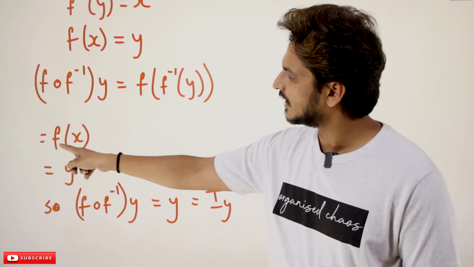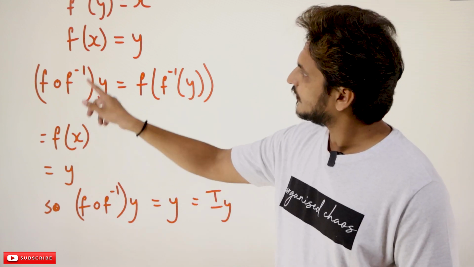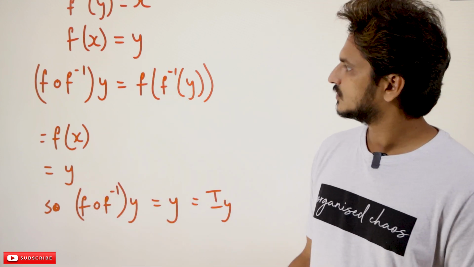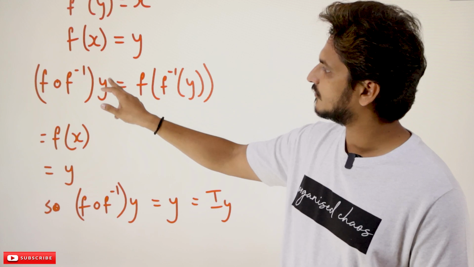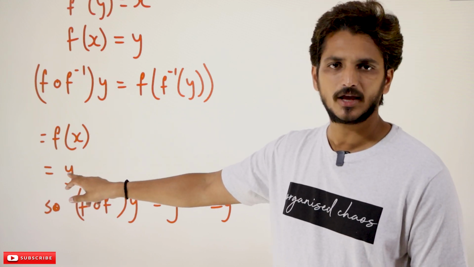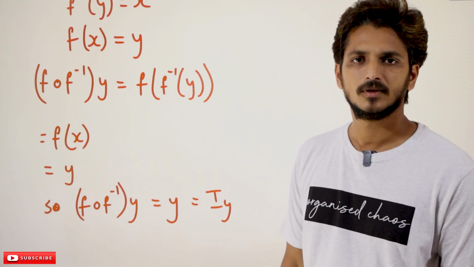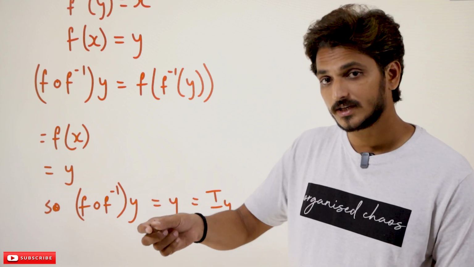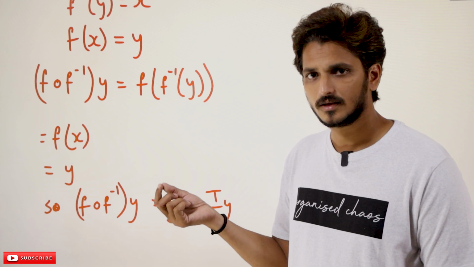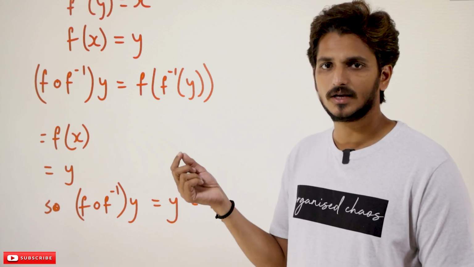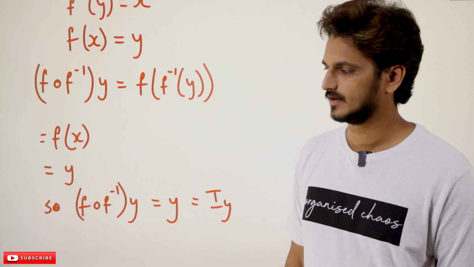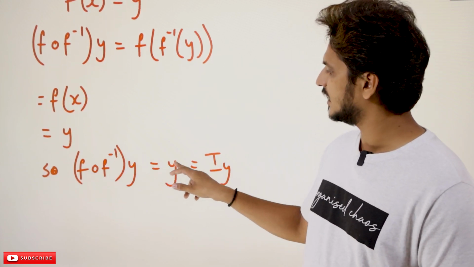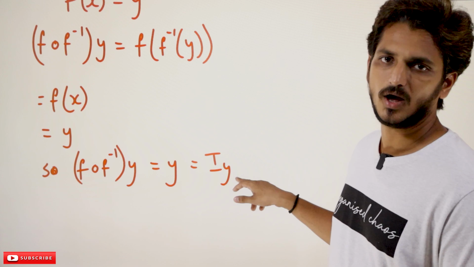From this we get f of x, and f of x we can write as y. So for f circle f inverse of y, we get the output y, which is I_Y. It starts from y and gets the same element y, mapping to the same element, which means I_Y. So we can state that f circle f inverse of y equals y, which is equal to I_Y.